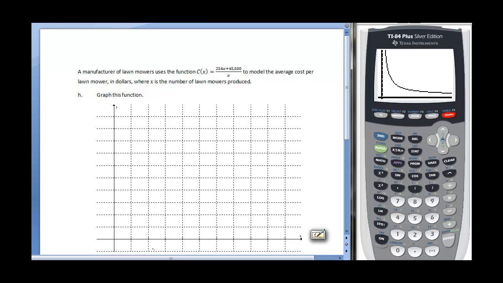And we know that this is number of lawnmowers. And then on my y, or my vertical axis, it is the average cost of the lawnmower.